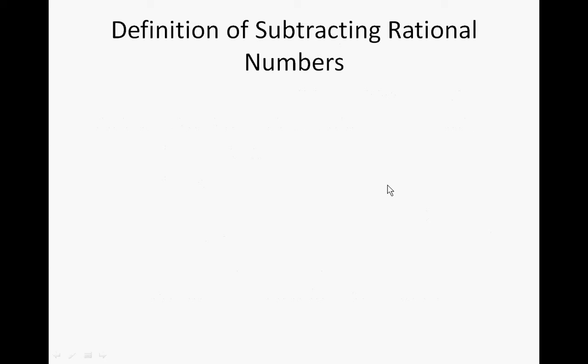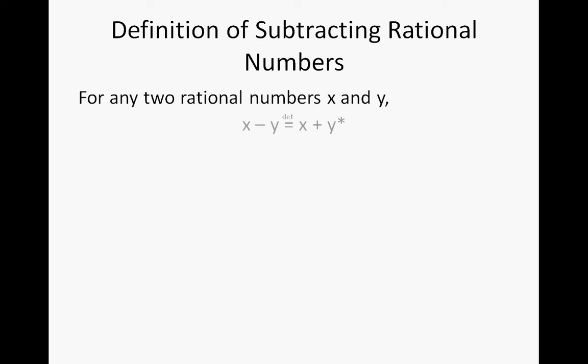So the definition of subtracting rational numbers is that for any two rational numbers, and we're going to call them x and y, x minus y is defined as x plus the mirror opposite of y. And whenever you see an equal sign with a DEF on it, that means is defined as.